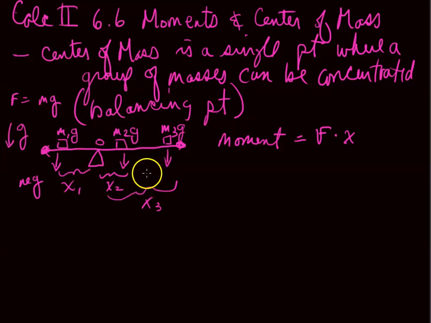These two moments are positive because they're trying to move it clockwise. And so you have positive moments and negative moments. And if all of these, x sub 1 times m sub 1 times g, plus x sub 2 times m sub 2 times g, and x sub 3 times m sub 3 times g, add up to 0, then your system would be in balance.